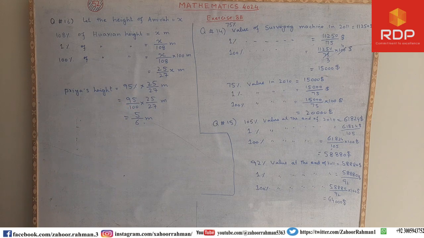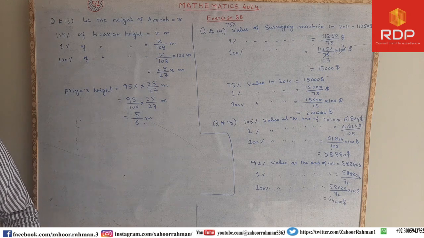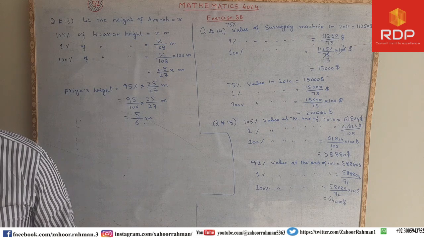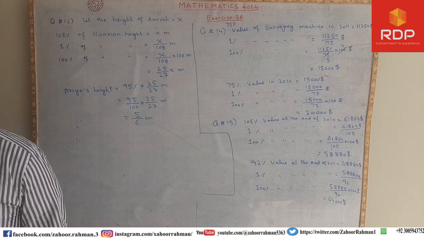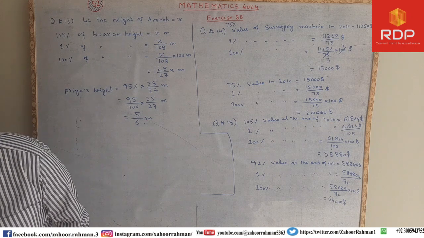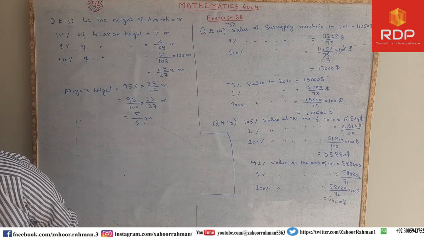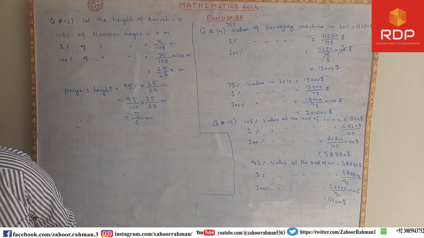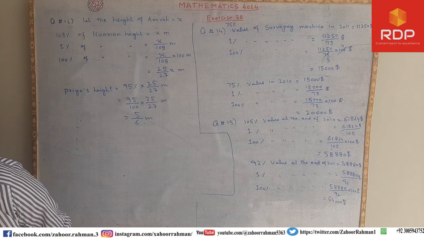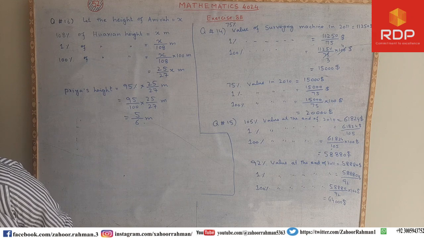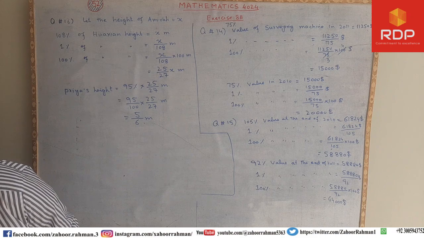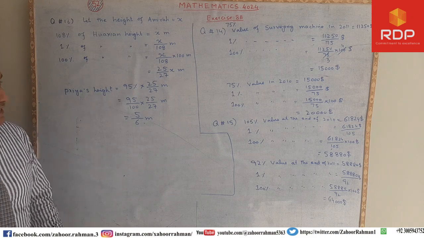Now we have to express the height of Amira as a percentage of Priya. So the required percentage will be this one, because we have to take the percentage of Priya.